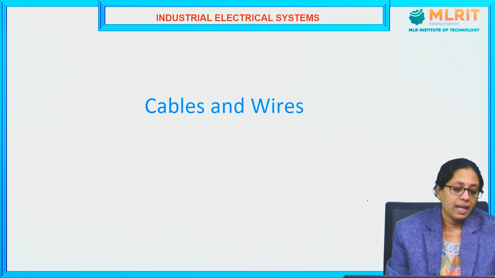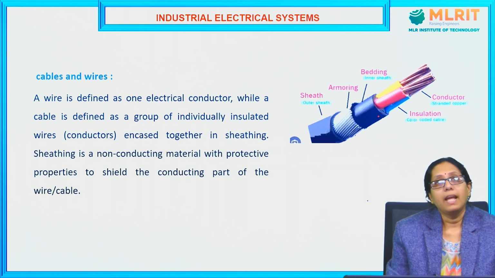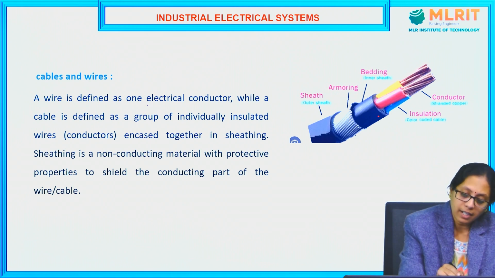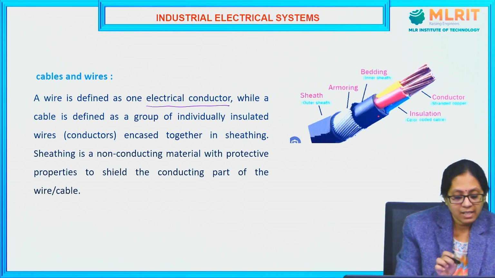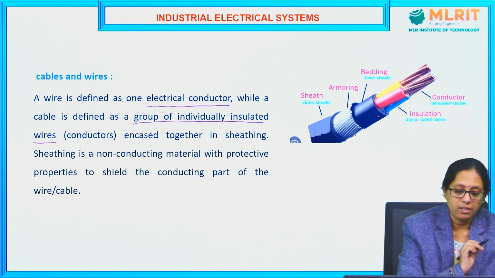Next, cables and wires. A wire is defined as one electrical conductor, while a cable can be defined as a group of individually insulated wires.